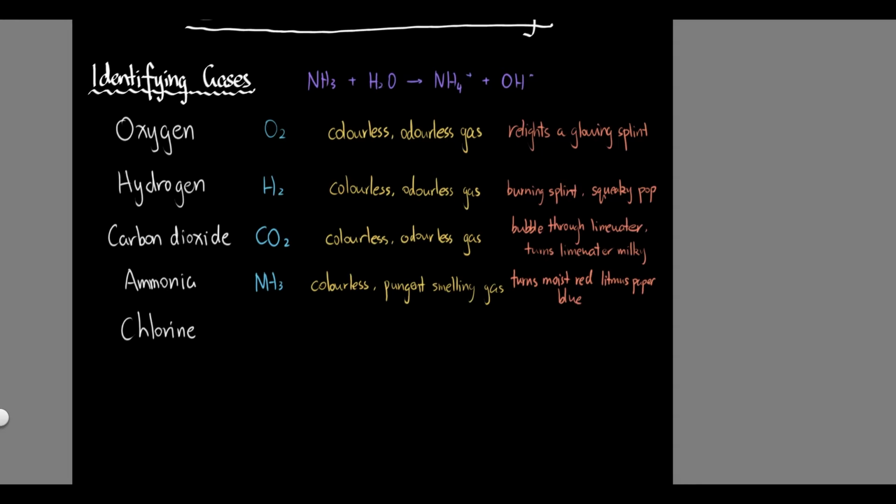So it gets separated into NH4 and OH, and we know that OH, the hydroxide ion, is a base, so that's why it turns moist red litmus paper blue, because it is alkaline or basic.